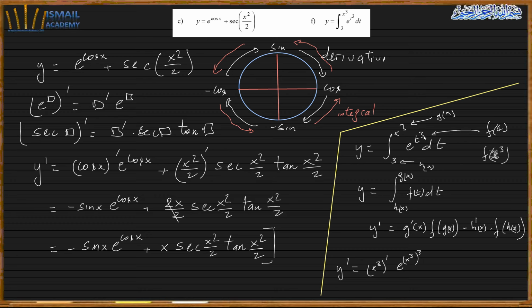Minus 3 prime times f, which is e to the 3 cubed, because here my t will be equal to 3. We know this is a constant, so it's 0, so we don't deal with it. So my answer y prime is 3x squared e to the x cubed cubed, you multiply the exponents, so it's e to the x to the 9, and this will be your final answer.